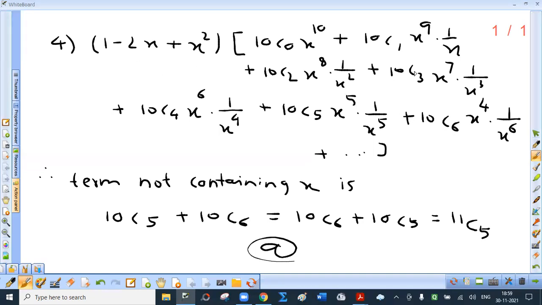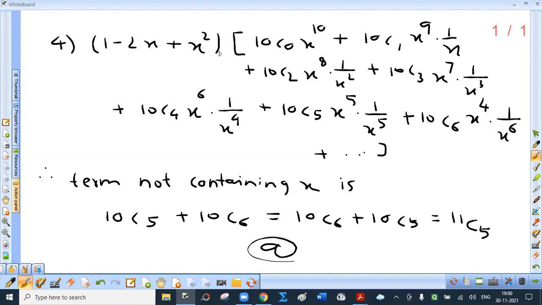Now 1 into, which is the constant term here. See, x^5 gets cancelled. So 10C5. Then −2x into, we need 1 upon x here, but we won't get 1 upon x. Why? Because you will notice that the index of x finally is even. So 10, 8, 6, 4 and so on.